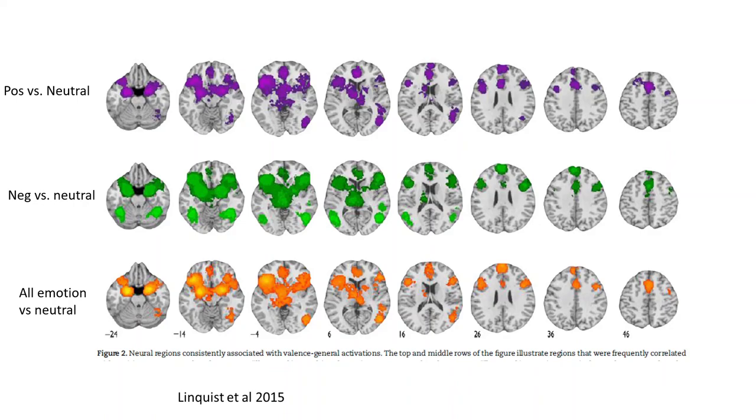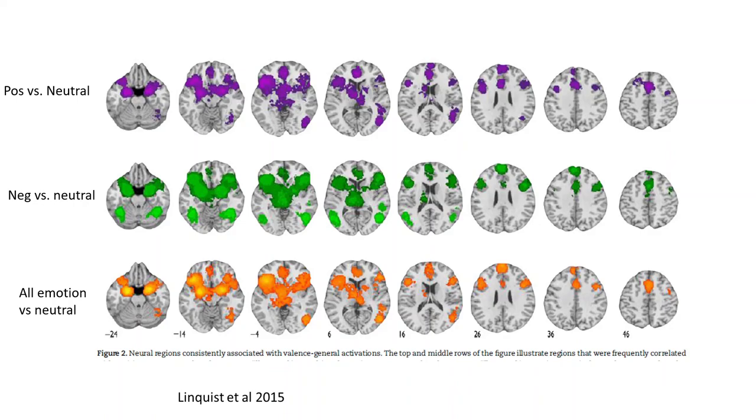So Lindquist put all these studies together, and what he found is that basically all emotions, positive or negative, activate the same general range of areas, primarily in this salience network. Now, when I say salience network and you don't know what I mean, go back to one of the earlier lectures and look in the book to clarify that.